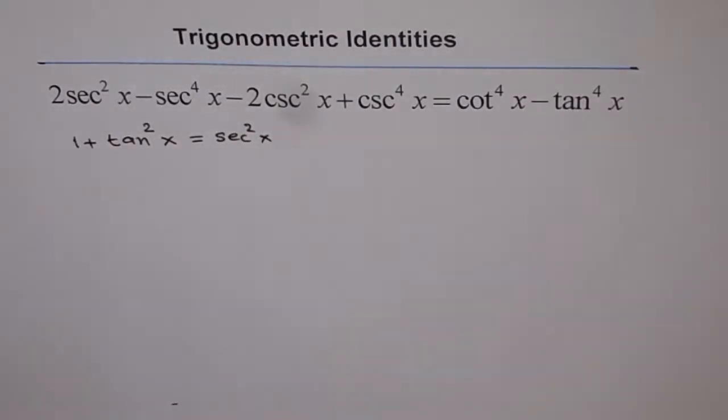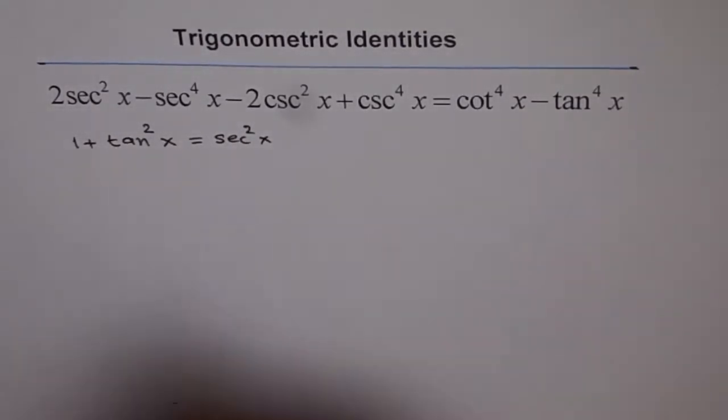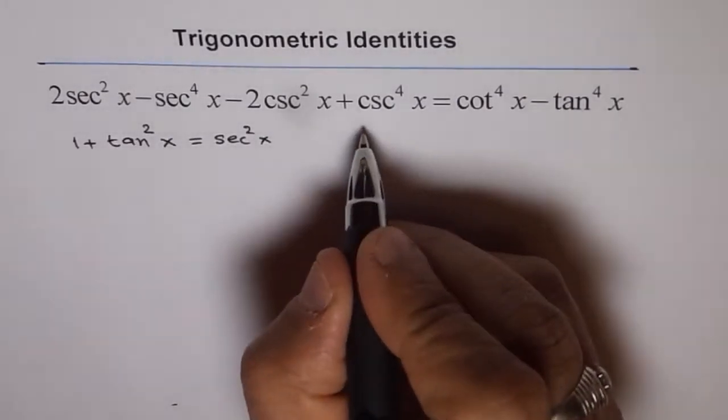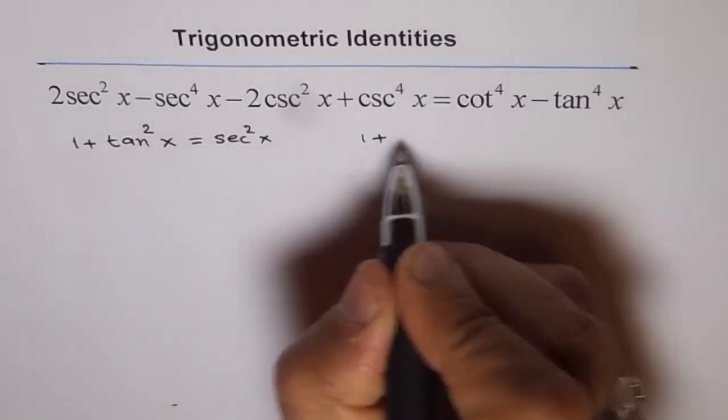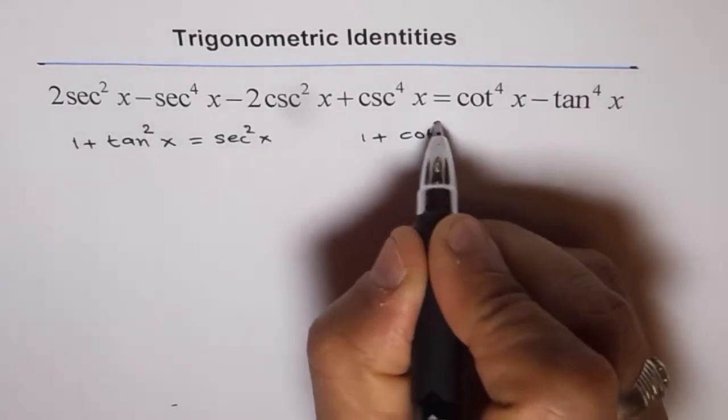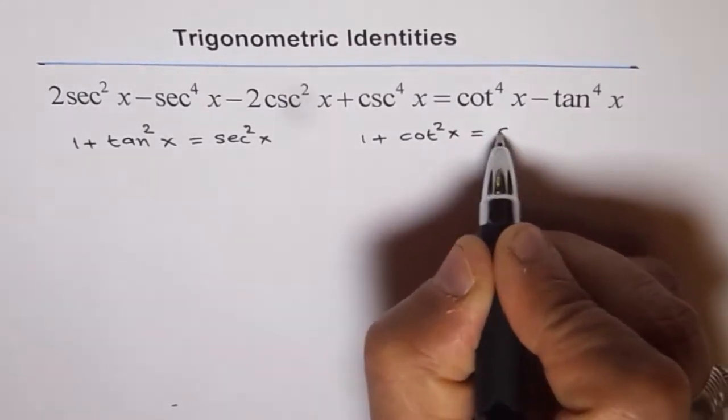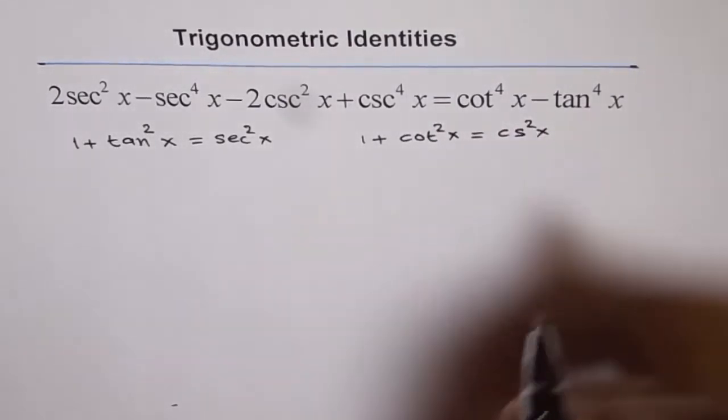That's one Pythagorean identity. The other one is 1 plus cot square x equals cosecant square x, right?